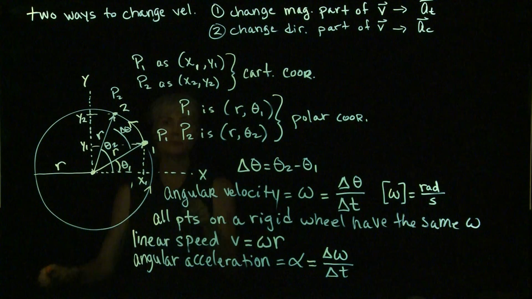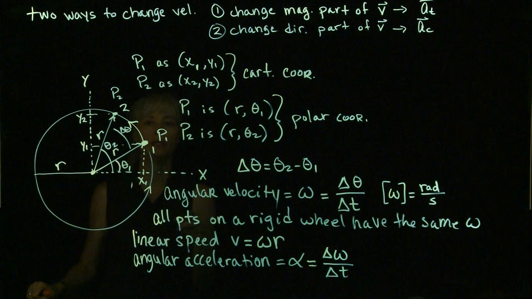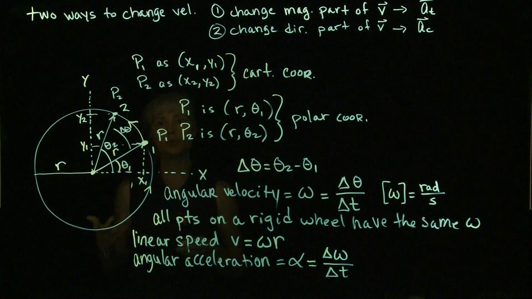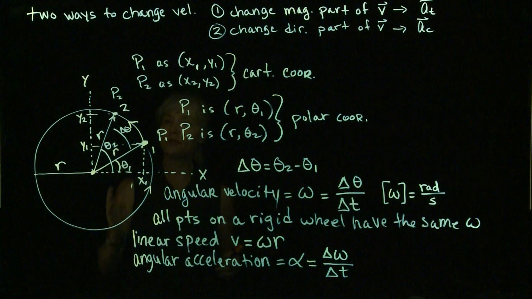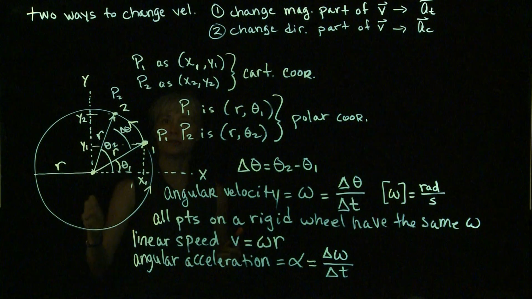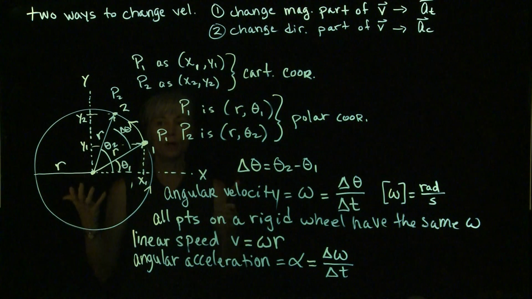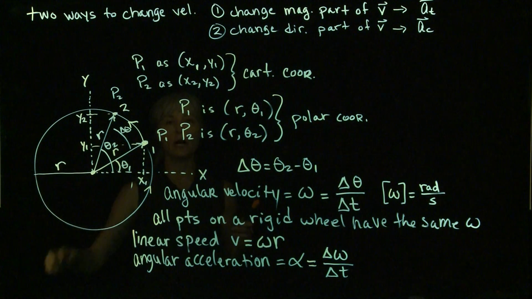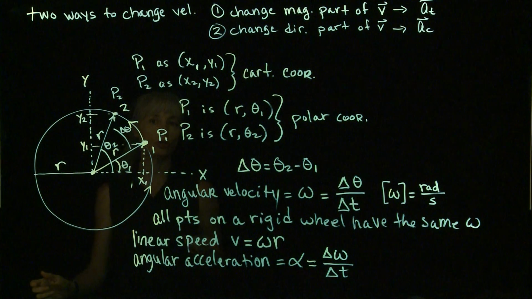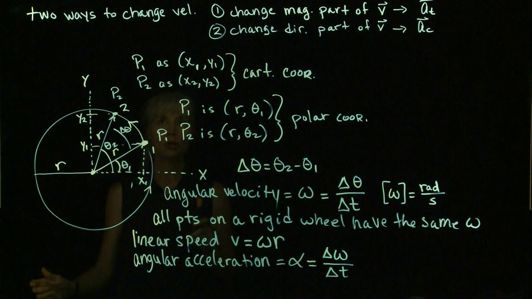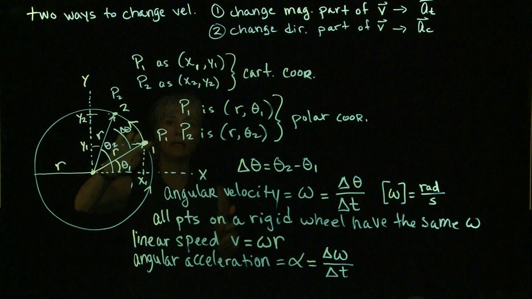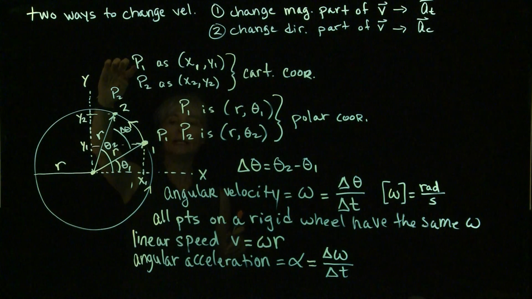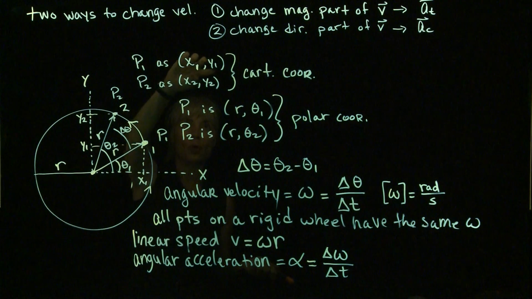So notice that I just picked a couple of points here to show the ease with which we can describe those points using a different type of coordinate system than we've been using. I've superimposed the XY coordinate system, or the Cartesian coordinate system, on this motion, and you can see I've also defined the radius of the circle that this point is moving through. Point 1, P1 right here, can in our Cartesian coordinate system be defined as some x1, y1.